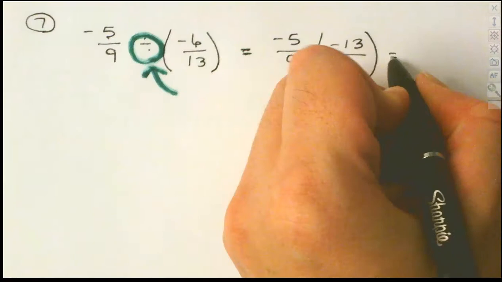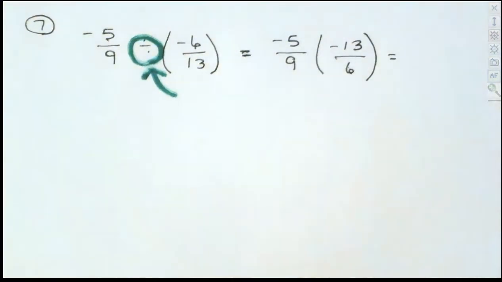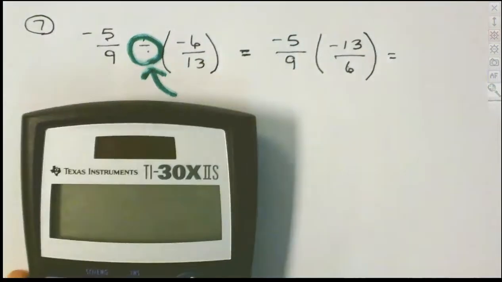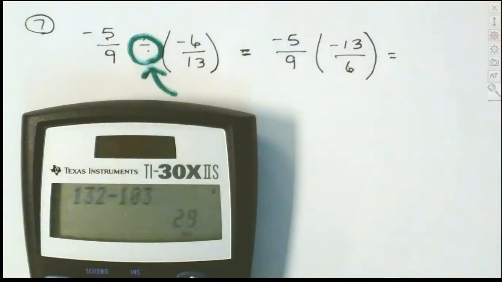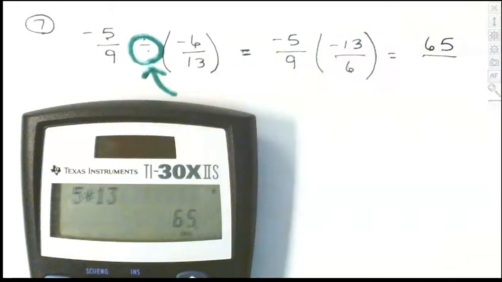Now we can go ahead and finish this out. Nothing cancels, so we just multiply across. We know the double negative is going to make that positive. So let's go through now and multiply out our answer. So we've got 5 times our 13 in the numerator, and that's going to be 65 on the top.